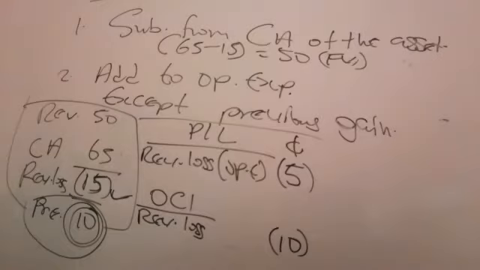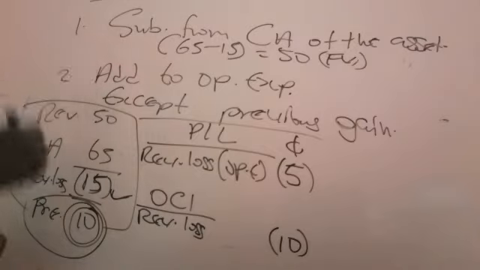So we are done for revaluation. We looked at how to calculate the gain or loss, and we looked at how to treat it. In fact, the revaluation gain or loss will also have effect on impairment. So how we treat revaluation loss, the same way we're going to treat impairment loss.